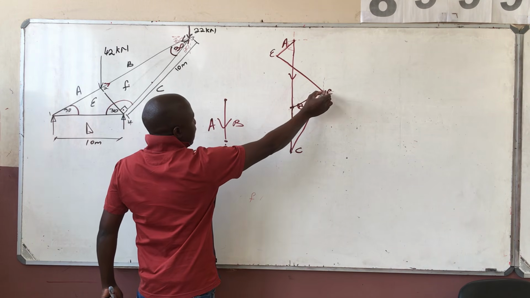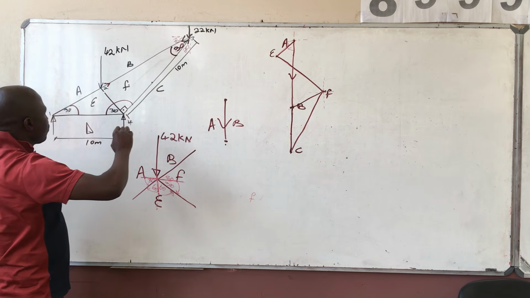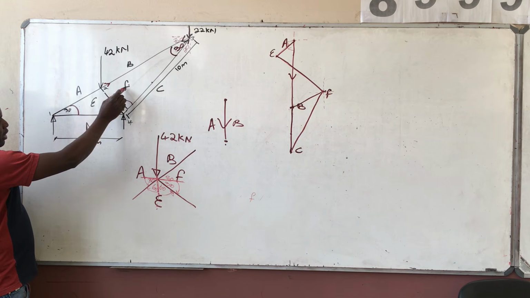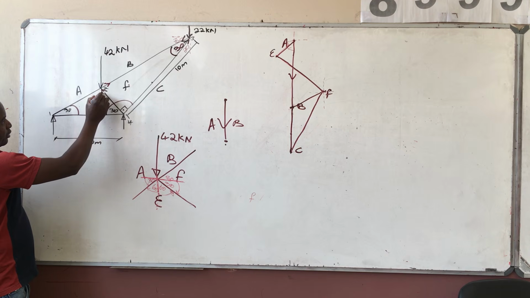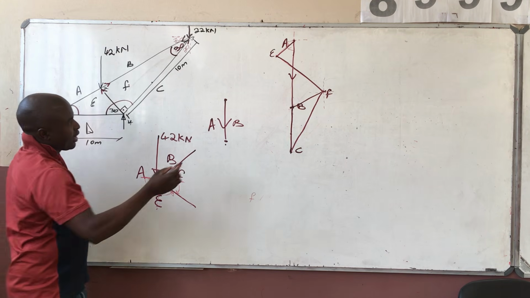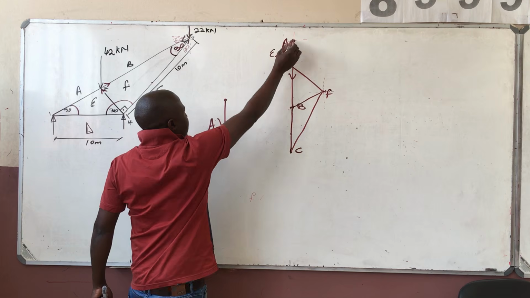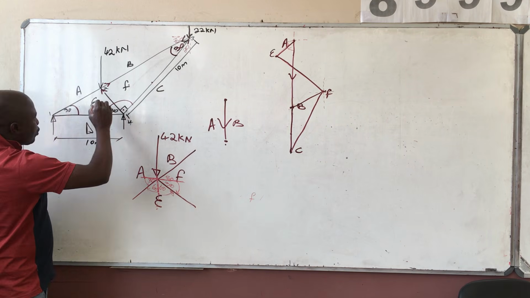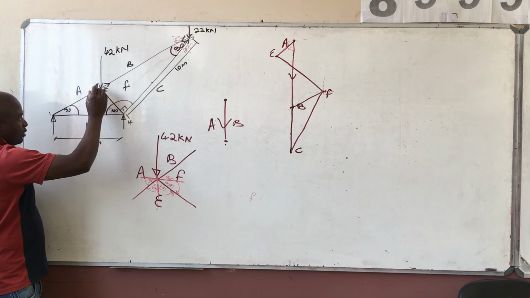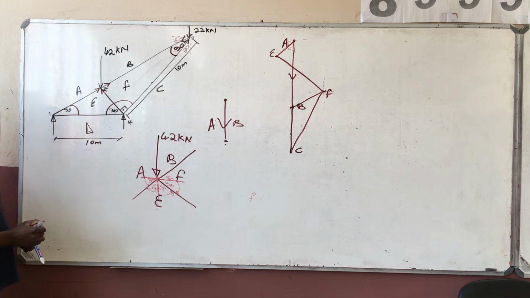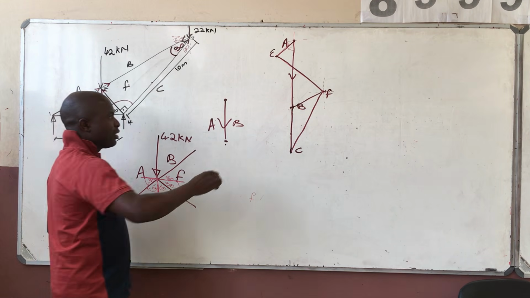Then is FE. FE is also going up. Then is EA. EA is also going up as well. Yes. So in that case, I can take this arrow out.